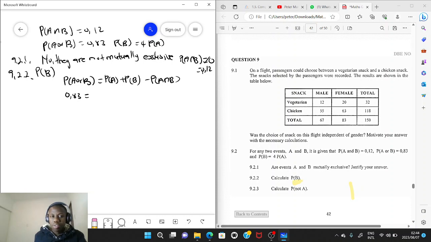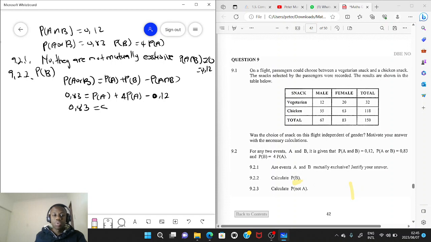And the probability of A is not given, so we'll just write the probability of A. And we were told that the probability of B is 4 times the probability of A, minus we were given the probability of A and B being 0.12, right? We consider the like terms. So I'll have 0.83, and then 1 plus 4 is 5.